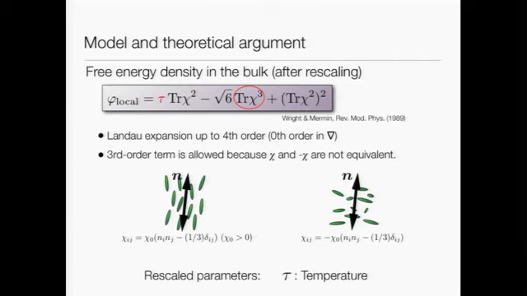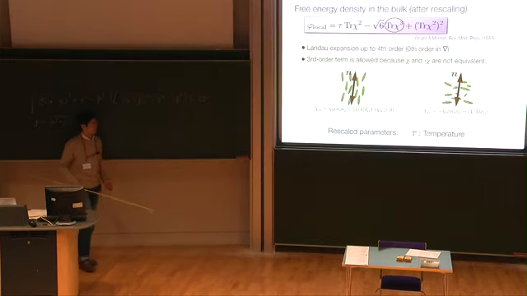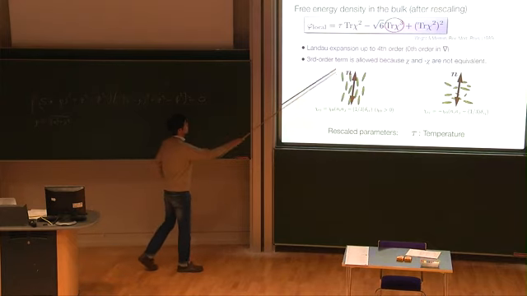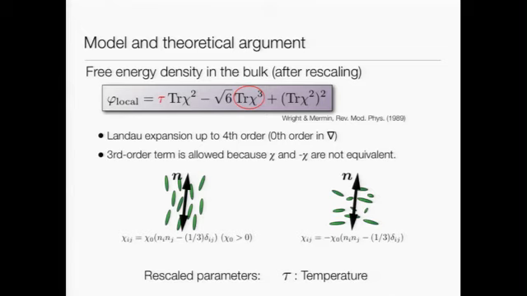The plus chi and minus chi are depicted in these two figures, and there's no reason for these states to have equal local free energy. That's why this cubic order term is allowed. Now this free energy density is already rescaled, and the one parameter here appears as a rescaled parameter, which corresponds to temperature.